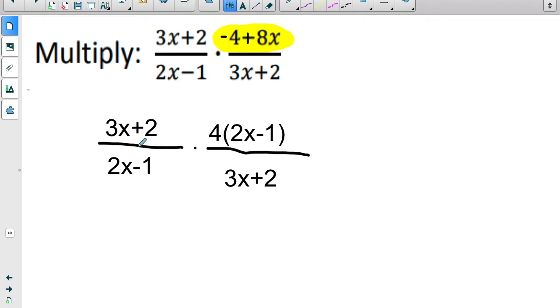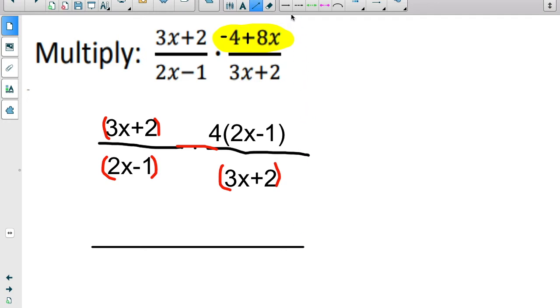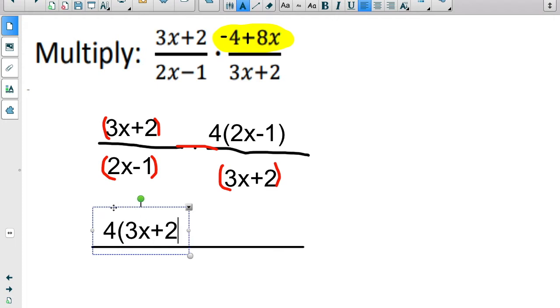And now we can cancel out what's in common, or what simplifies on top and bottom. And because these are all being multiplied together, that's why we can simplify this. So if I was really to write this back out as one set of terms, the numerator would be 4 times 3x plus 2 times 2x minus 1 is what we would get in the numerator.